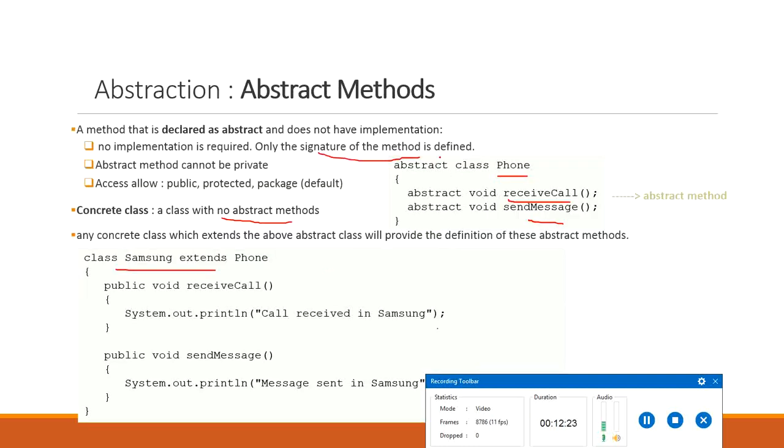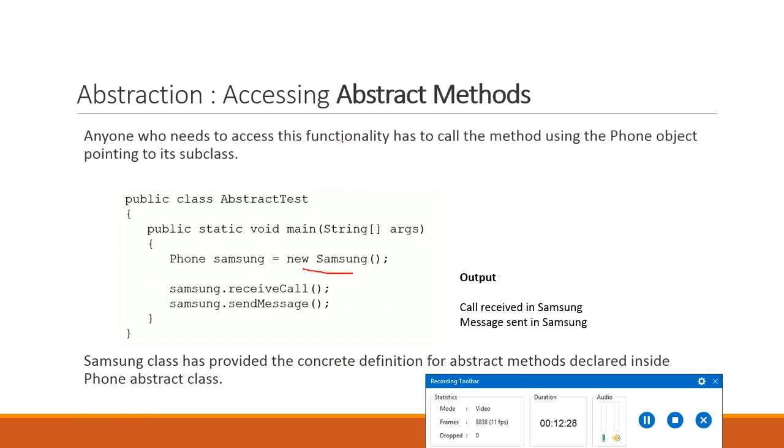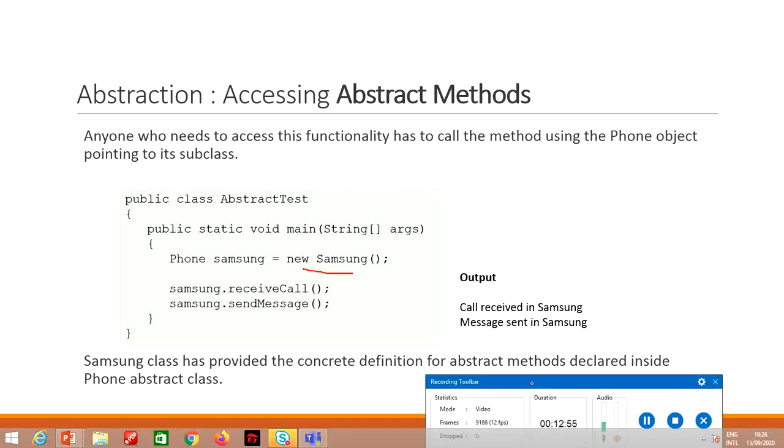So what we are doing over here is upcasting. The child class is cast as a parent. Now the Phone object is pointing to its subclass. So now we can call both the methods, receive call and send message, and we will get the output: call received in Samsung, message sent in Samsung. Now Samsung has provided the concrete definition for the abstract methods declared inside the Phone abstract class.